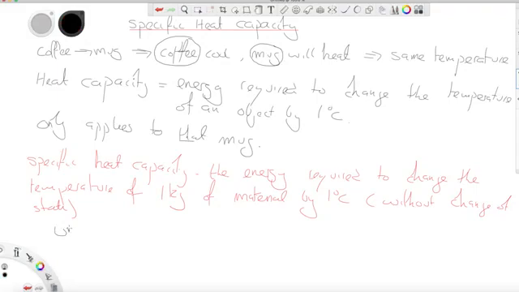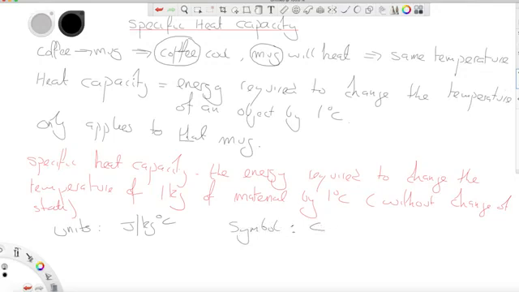Units. Well, it is the energy required per kilogram per degree C. And the symbol we use for specific heat capacity is C.